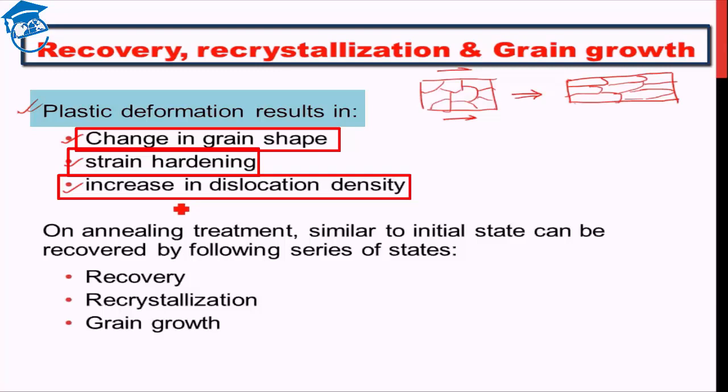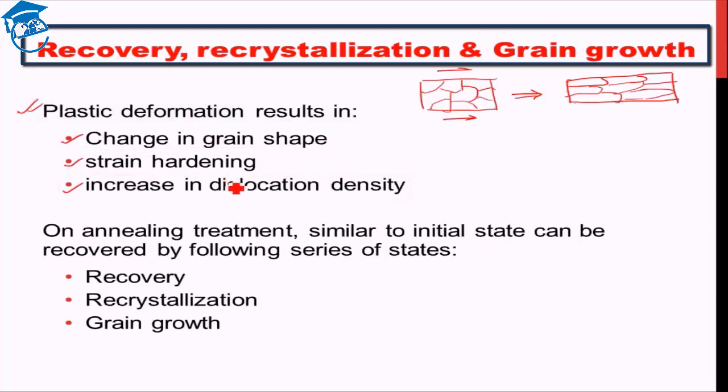Now there is a treatment known as annealing treatment, which tries to undo some of the bad effects of plastic deformation. We'll see different types of heat treatments later in detail, but to give you an idea, in annealing treatment you basically expose the material to a higher temperature, and that higher temperature leads to an increase in the diffusion processes within the body, and that leads to certain phenomena which we'll see now.